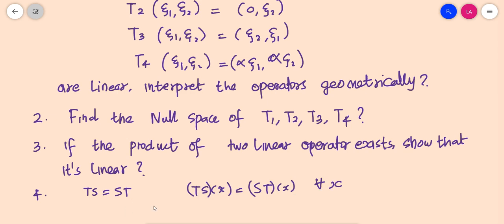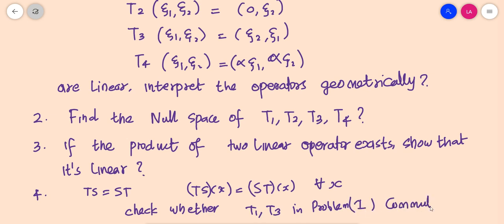Now the question is, check whether T1 and T3 in problem 1 commute. You have to observe whether or not T1 and T3 of problem 1 actually satisfy this condition.